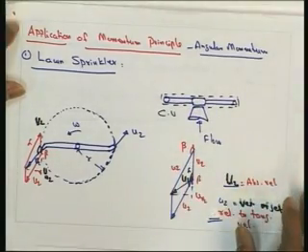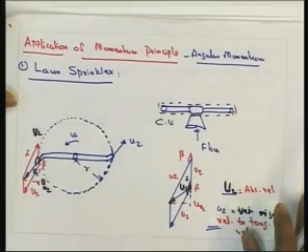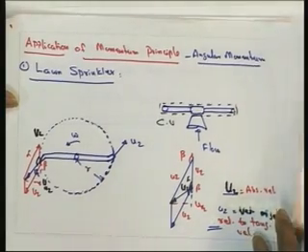So this is one of the simplest applications of the moment of momentum equation, as in the case of a lawn sprinkler. Other than this, as we have already discussed, there are a large number of applications. We will also be discussing some of the applications, like what happens in a turbine or in a pump.